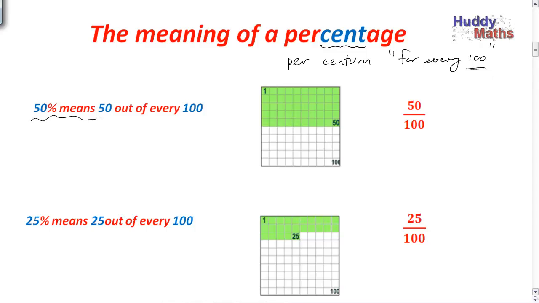Over here, 50% means 50 out of every 100. There we have it. And we could say, hey, 50 out of every 100, we could change that to a fraction, just like we did with 3/5. So it's 50 out of or divided by 100. 50 hundredths. 25% means 25 out of every 100. There it is. It's about a quarter, I think.